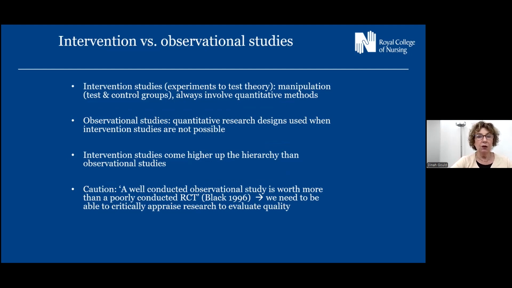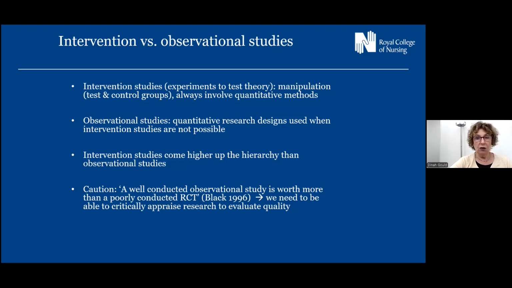So let's talk about intervention and observational studies, which is another important distinction that you need to get your head around. Intervention studies are ones where we do an experiment to test a theory. An intervention is where you do something to a group of people or a group of things. So you manipulate them, you introduce a change, and you have test groups that get the intervention and control groups that don't.